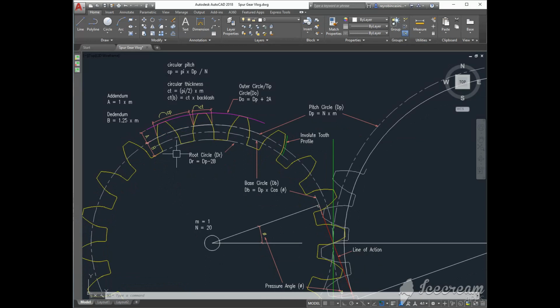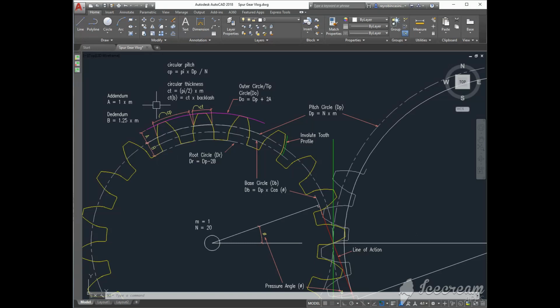Finally, the root circle. The root circle is the circle at the base of the tooth. Its radius is the difference between the radius of the pitch circle and the dedendum, b.